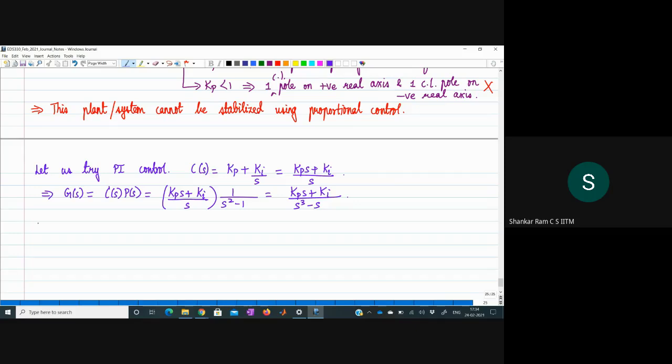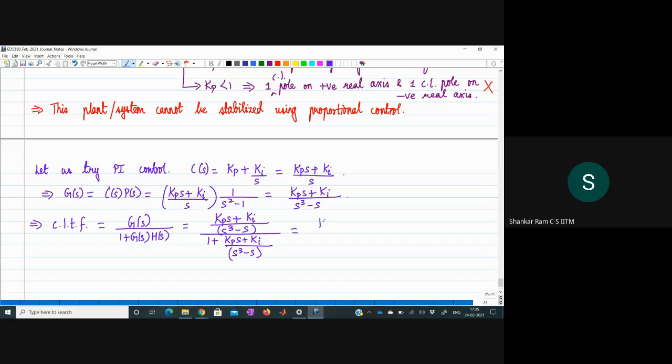Okay. So now the closed loop transfer function is the following: G of s divided by 1 plus G of s. This can be written as Kp s plus Ki divided by s cubed minus s, the whole thing divided by 1 plus Kp s plus Ki divided by s cubed minus s.